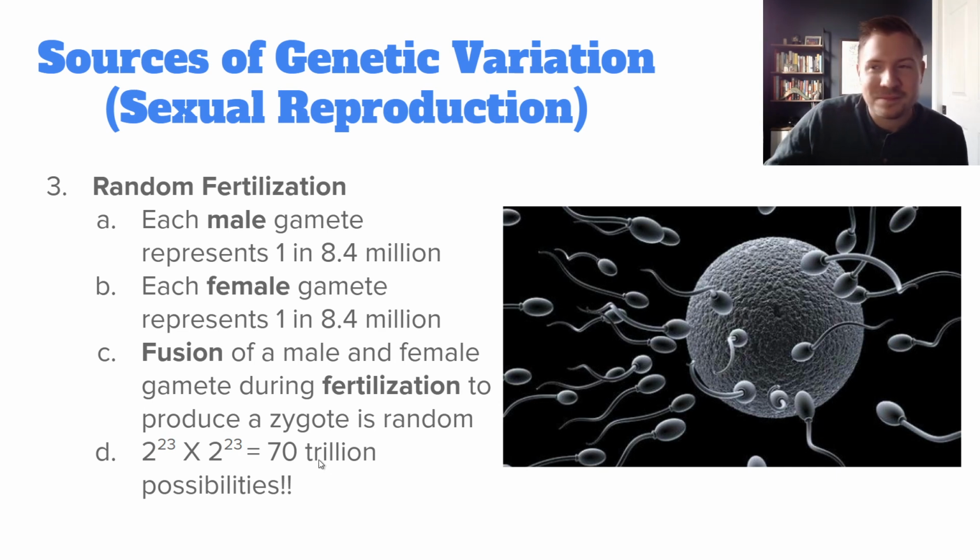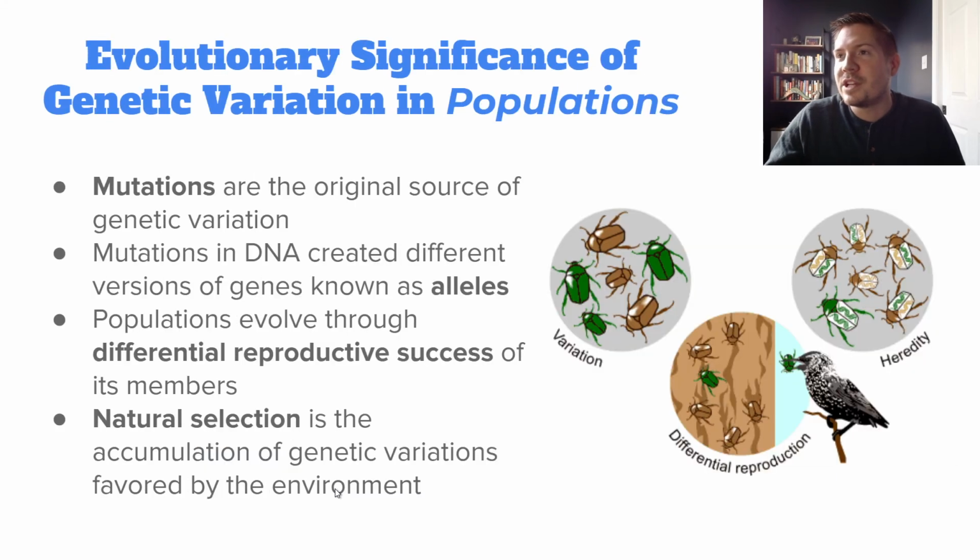And so all these sources of variation are very useful in terms of populations evolving over time. Mutations are one source of variation. However, we're getting other variation here with meiosis and crossing over. We can get new alleles, we can get different alleles, and some of these alleles might be more advantageous than others.